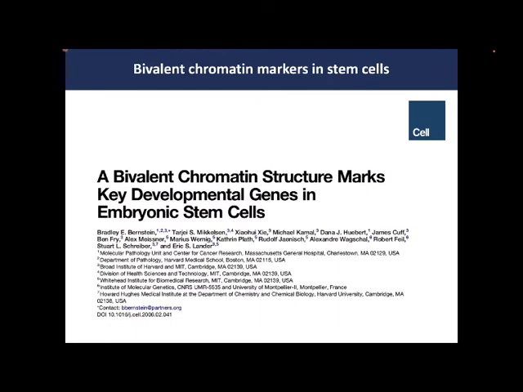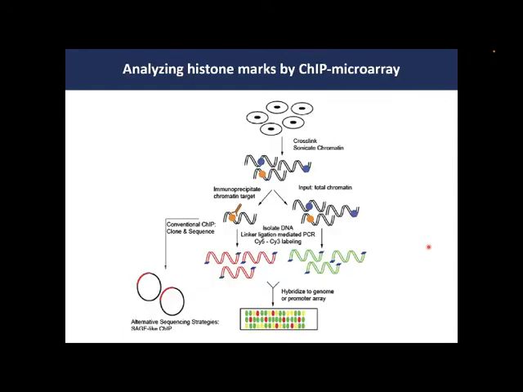So let me go back to the original paper, Eric Lander's paper, "Bivalent chromatin structure marks key developmental genes in embryonic stem cells," which was published in Cell in 2006. At that time, they didn't have high-throughput sequencing technology, so they used a ChIP microarray. But basically the concept is the same.